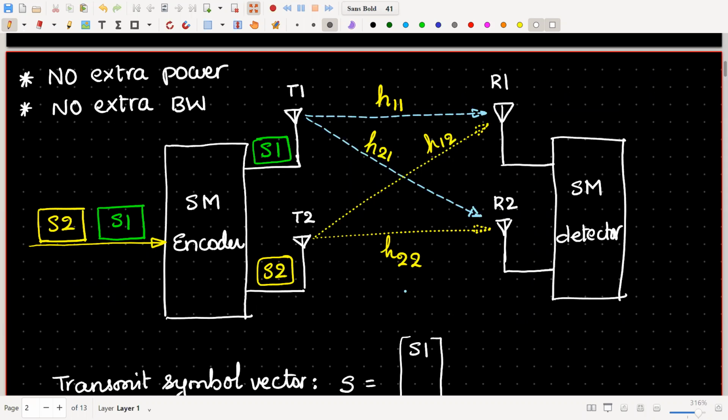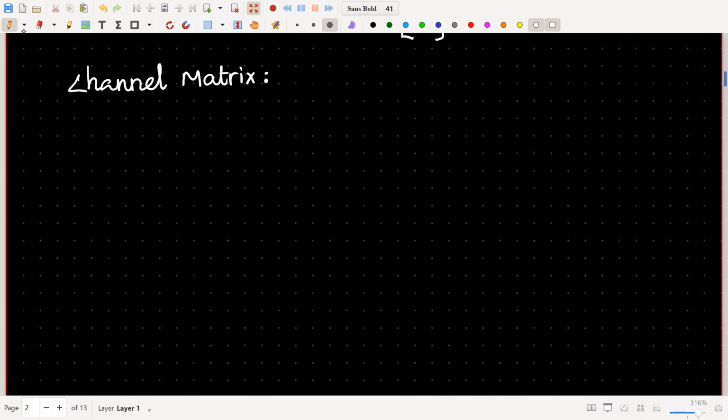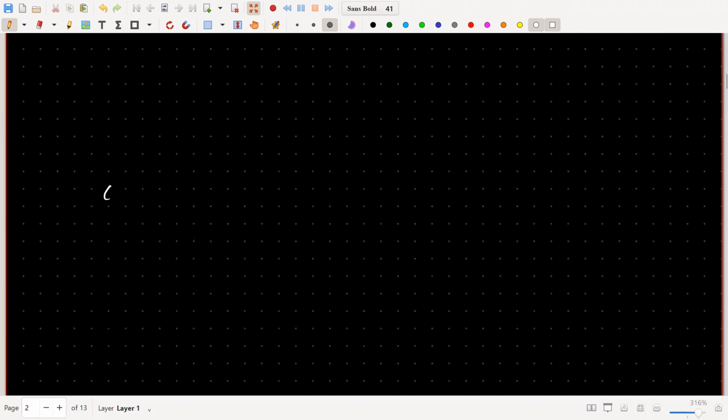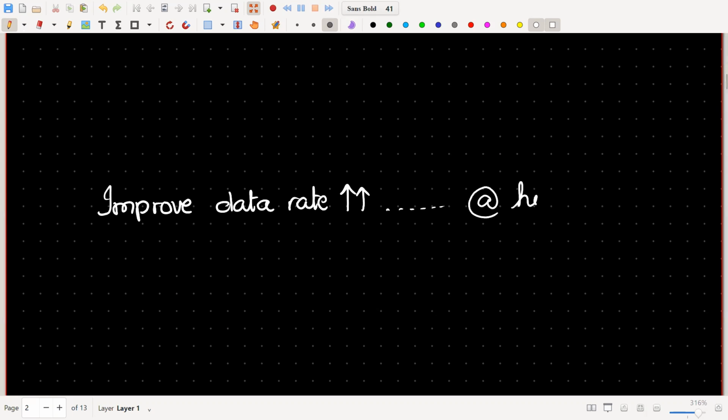In general, if you want to improve data rate, or faster transmission, that is possible over high bandwidth. So we require high bandwidth for this, but high bandwidth is really costly, it's expensive.